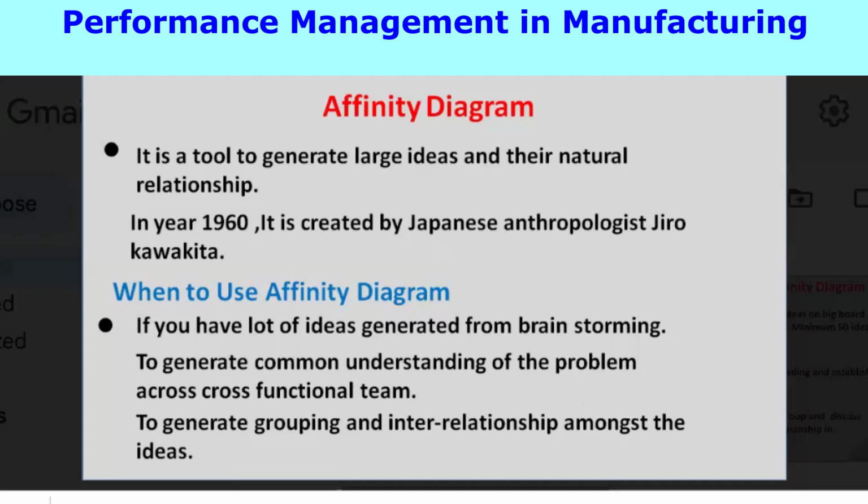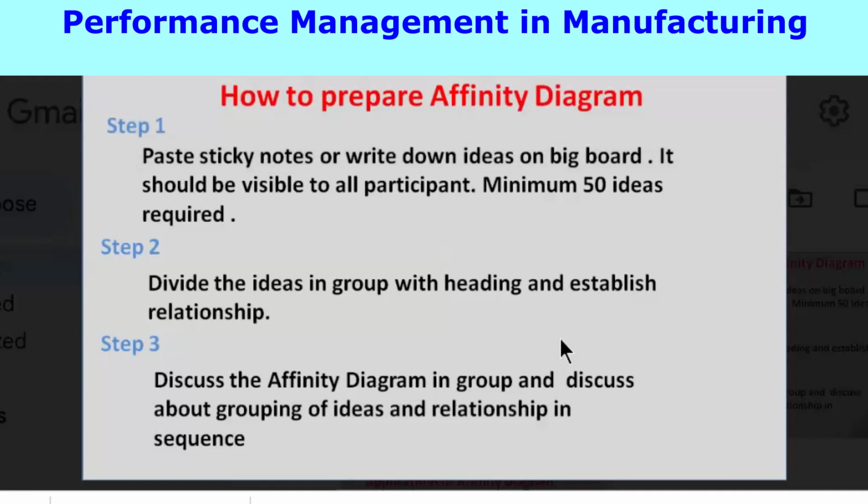Cross-functional means different departments like production, quality, maintenance, planning, purchase. If you require these people for the discussion, then you can use the affinity diagram for problem solving. And then you can interrelate these ideas.